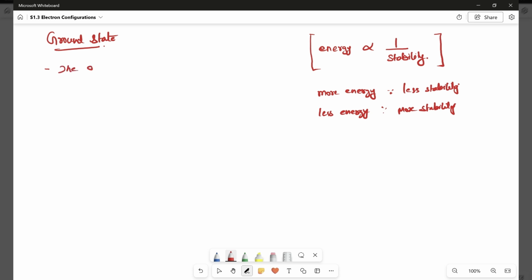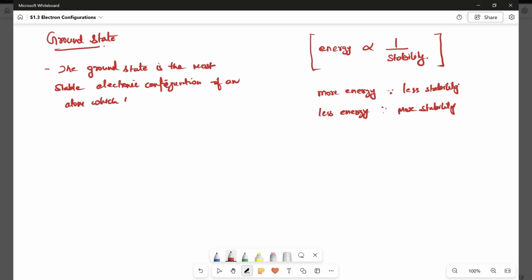We can say that the ground state is the most stable electronic configuration of an atom which has the lowest amount of energy.